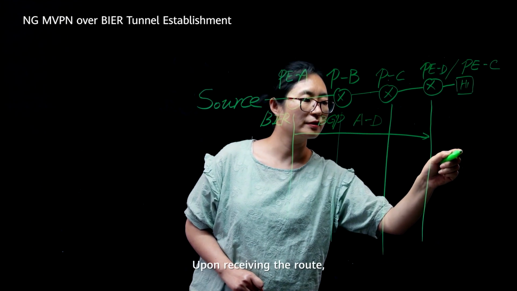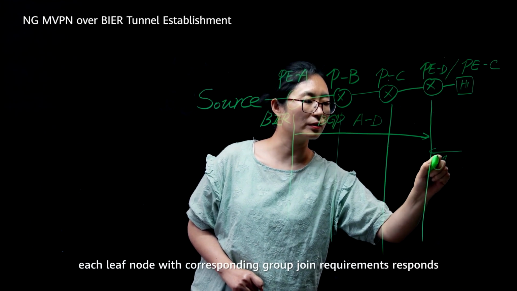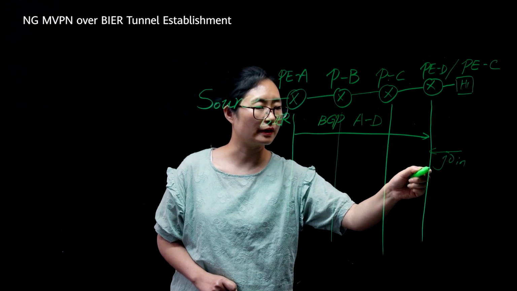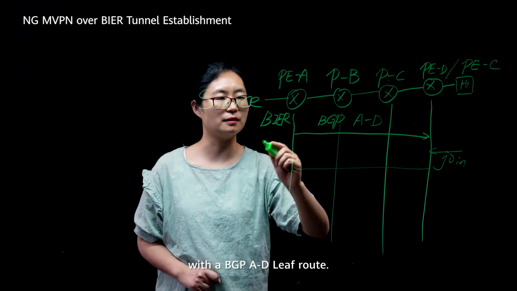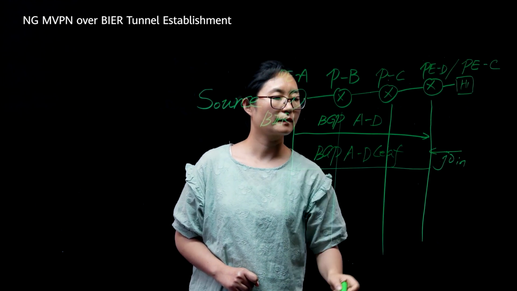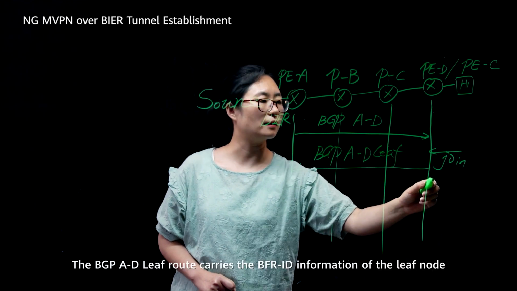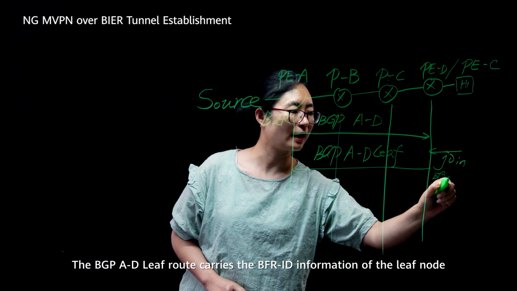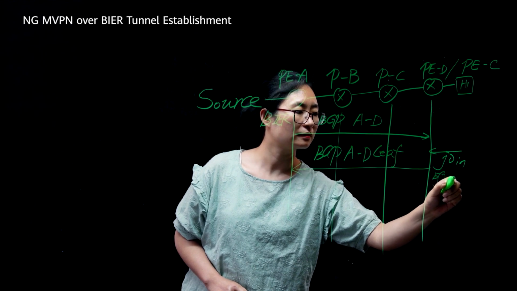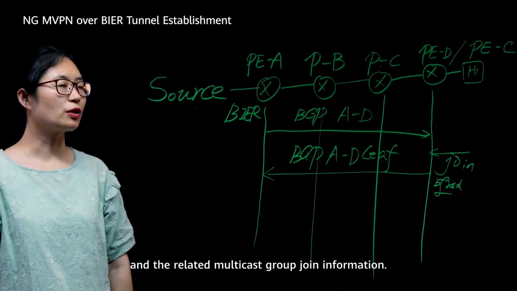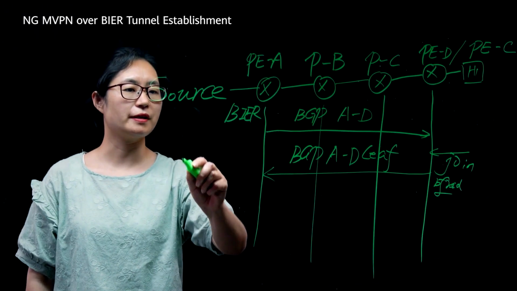Upon receiving the route, each leaf node with corresponding group join requirements responds with a BGP AD leaf route. The BGP AD leaf route carries the BFR ID information of the leaf node and the related multicast group join information.